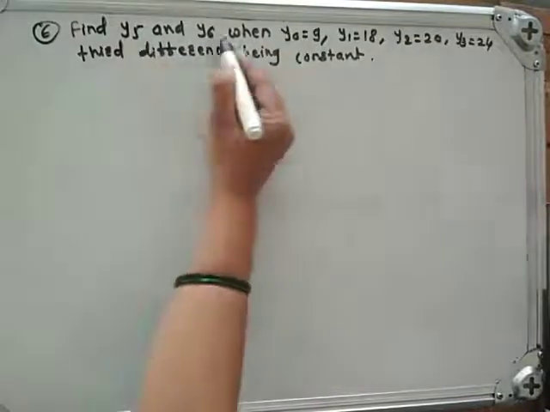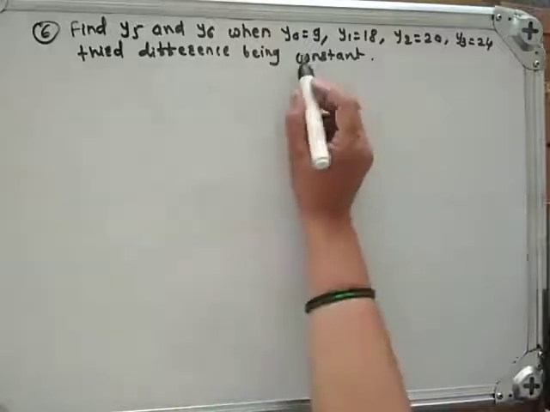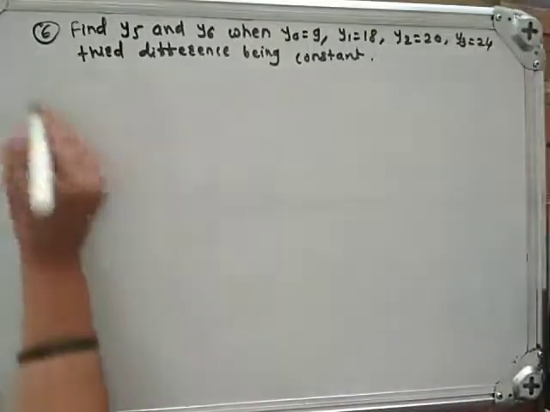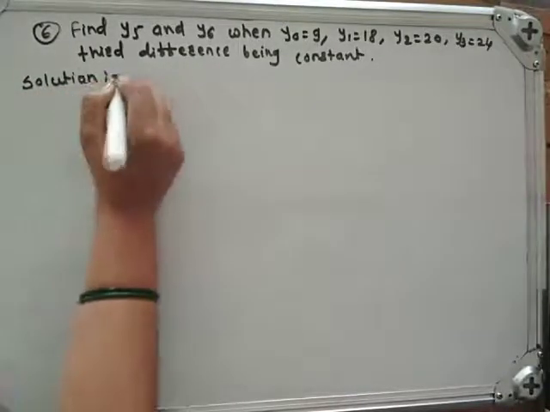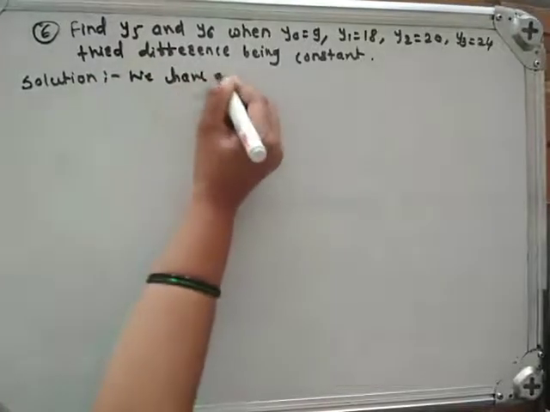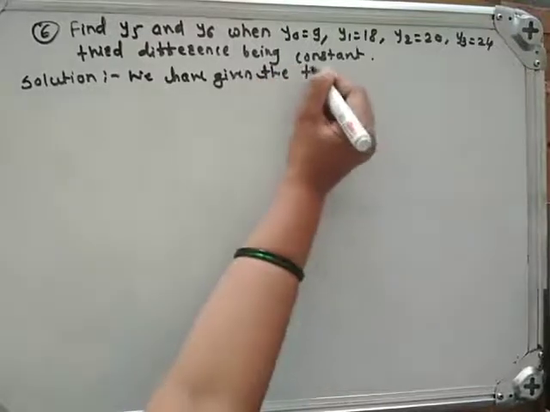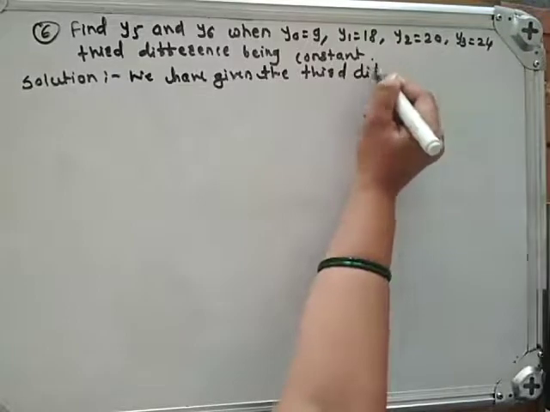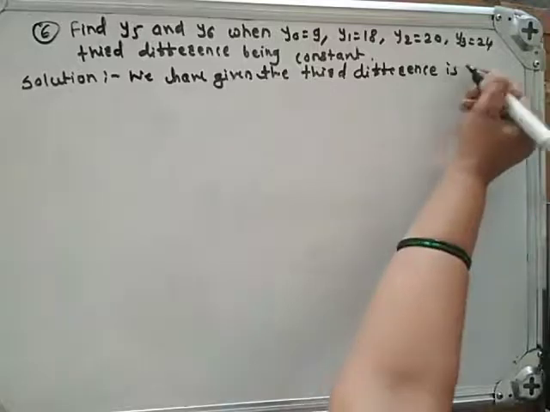Here we have to find y5 and y6. We are given y0, y1, y2, y3, and the third difference is constant. Let us take the solution. We are given that the third difference is constant.